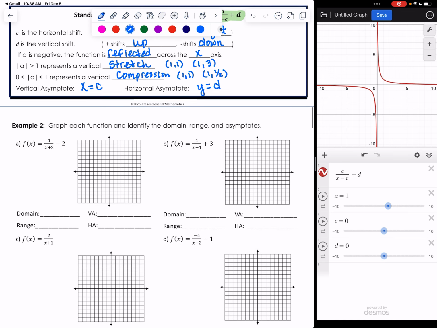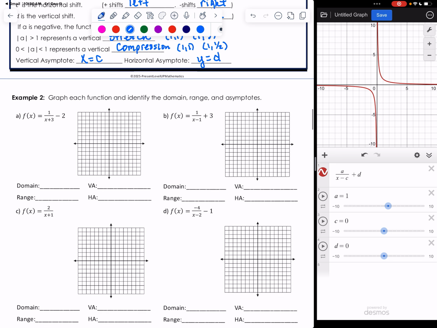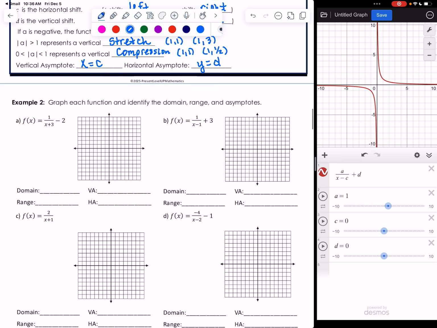So in example 2, it says graph each function and identify the domain, range, and the asymptotes. So in problem A, we have f of x equals 1 over x plus 3, minus 2. So if we look at our value of c, we have x plus 3. That means this graph will go left 3.